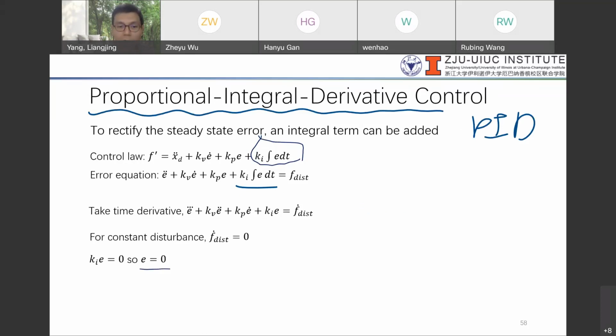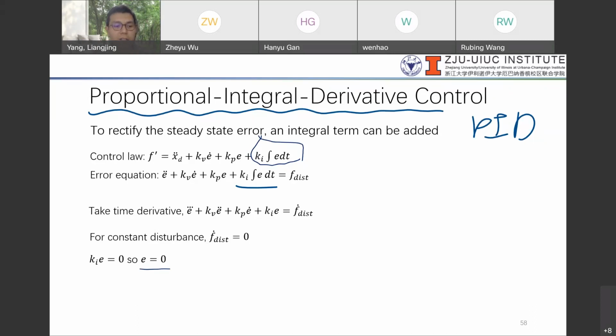Taking the time derivative, if we consider the disturbance to be constant, with this Ki gain we can actually achieve zero steady state error eventually.